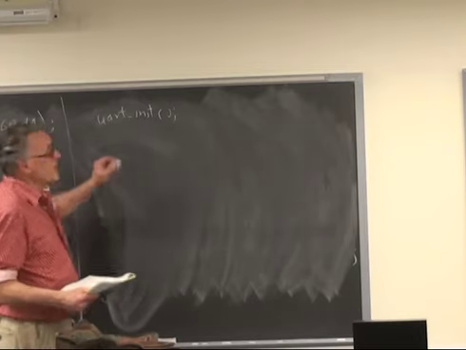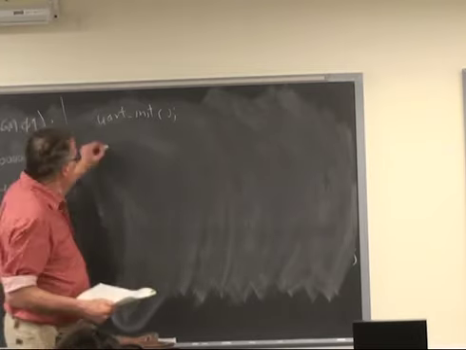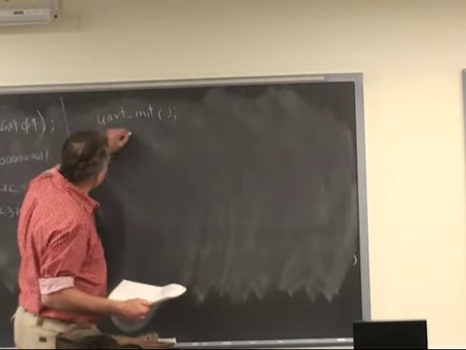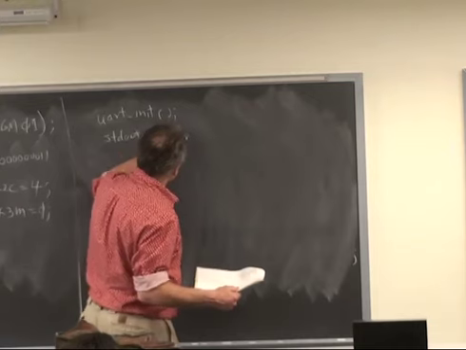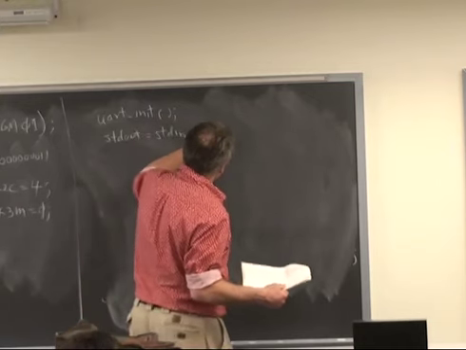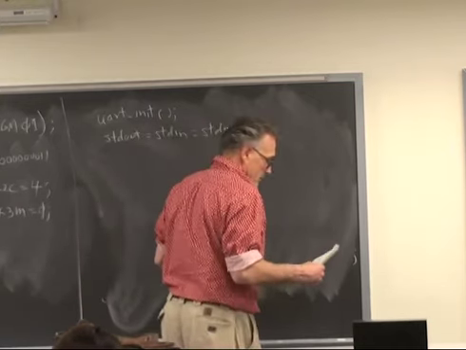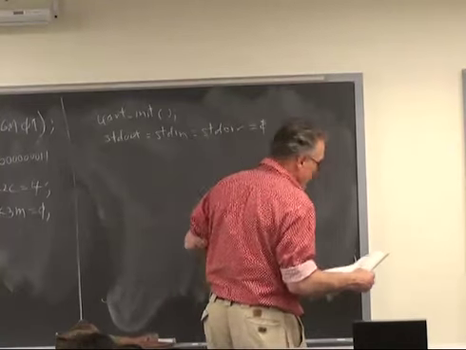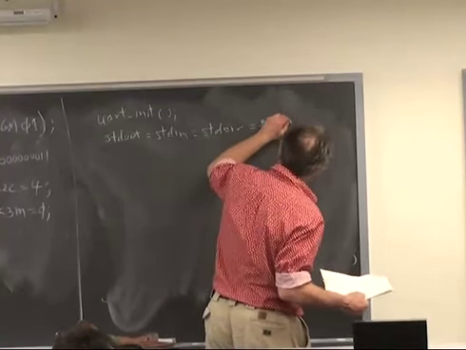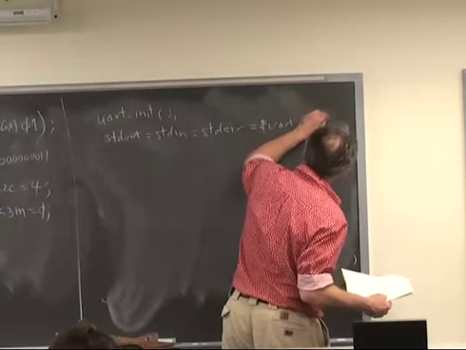And then a very Unix-like thing, we're going to set standard out equal to standard in equal to standard error equal to a pointer to UART underscore string.